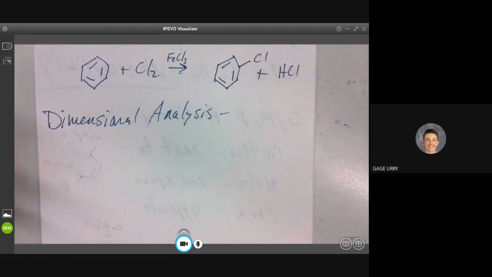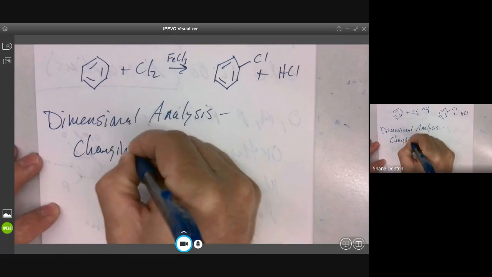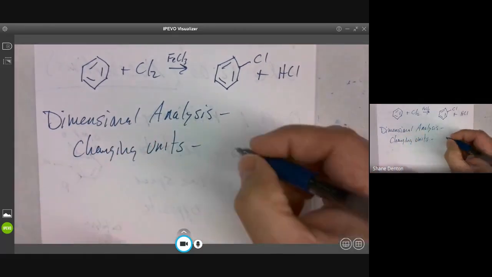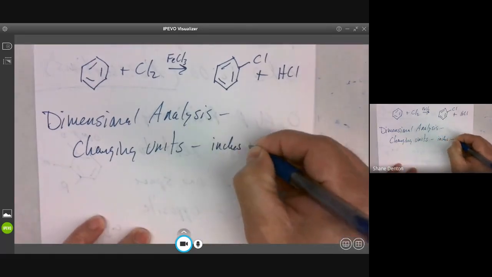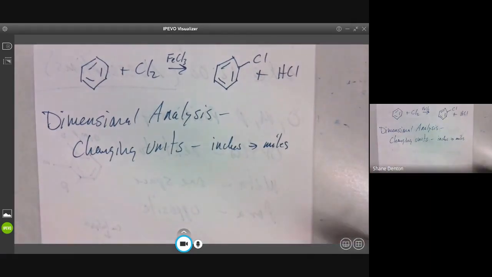Okay, so basically changing units. Way back we went from inches to miles or something like that, right? There's a dimensional analysis question, but it's really straightforward, okay?